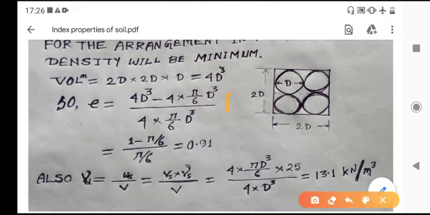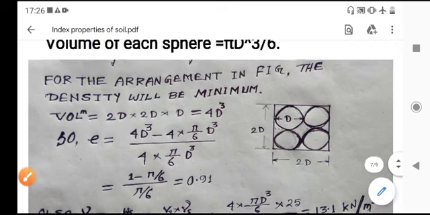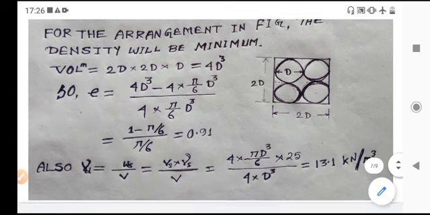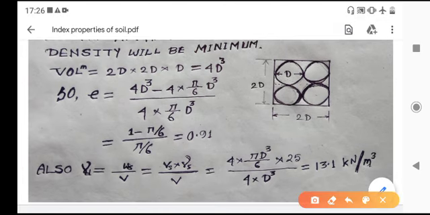For the arrangement in the figure, the density will be minimum. Volume equals 2d into 2d into height d, which is 2d, 2d and d, so volume equals 4d cube.